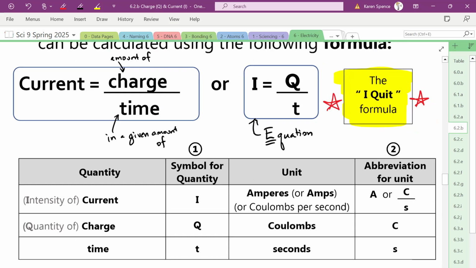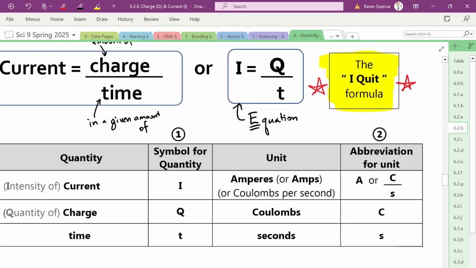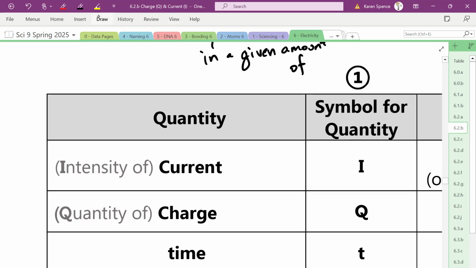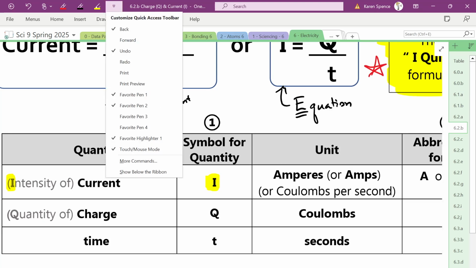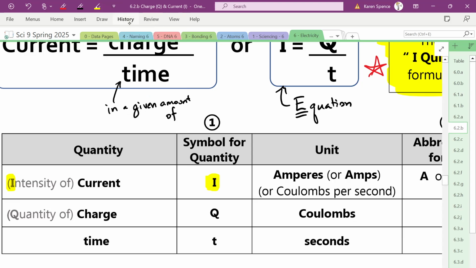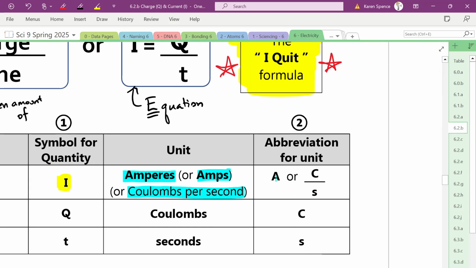And just because we're going to make sure we understand everything, we've got our quantity is the intensity of the current, and the symbol is I. The unit is the ampere or the amp or the coulombs per second. We can abbreviate that as A, or we can abbreviate it as coulombs per second.